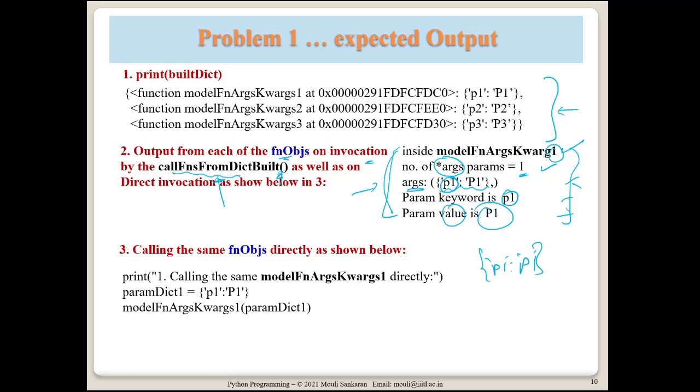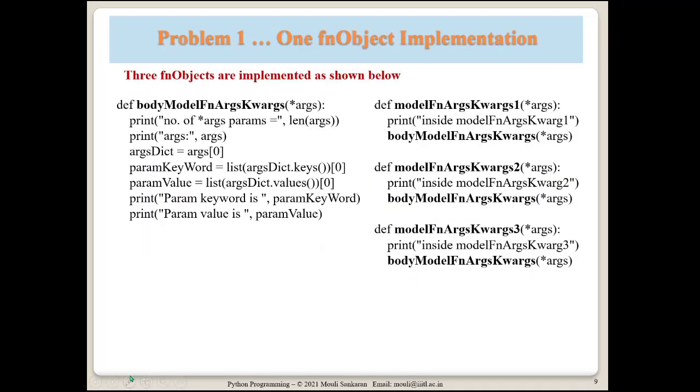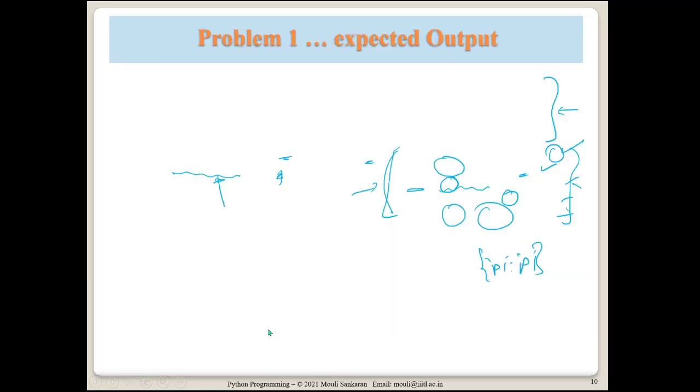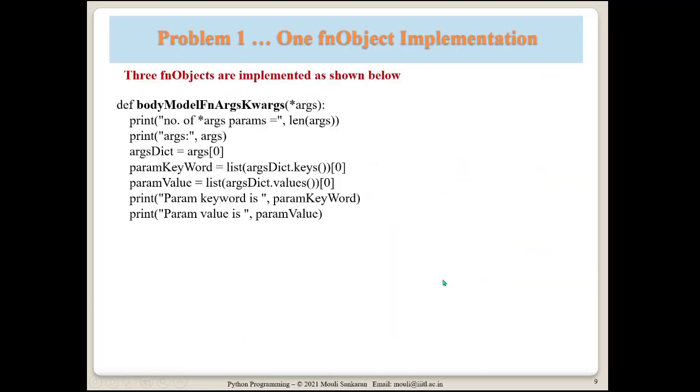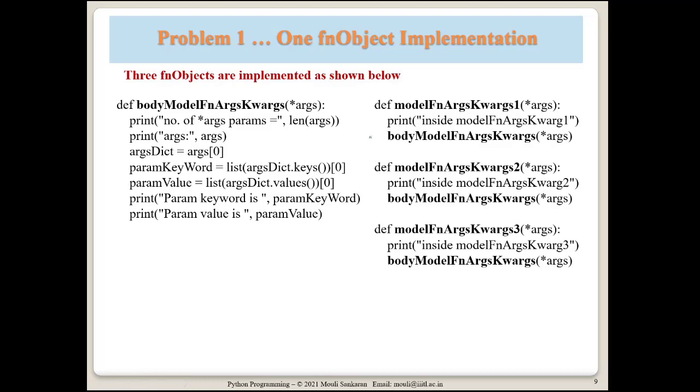I forgot to mention one more thing: I am using the same body of the function, and each function is just printing one unique string to know that these are unique functions, and then executes the remaining things the same.